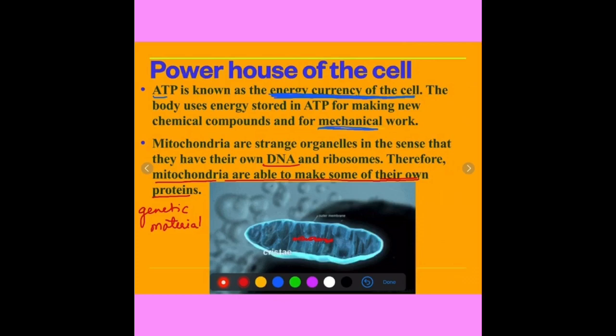You can see this is a mitochondria. This is the outer membrane, which we have already seen. And what about the inner membrane? This is the inner membrane. This has foldings. And this inner membrane has many functions, many chemical reactions, and they generate the ATP.